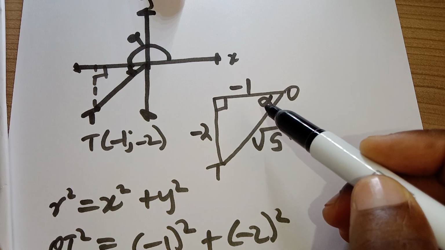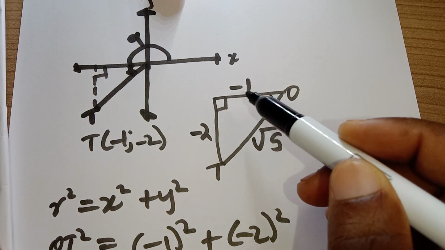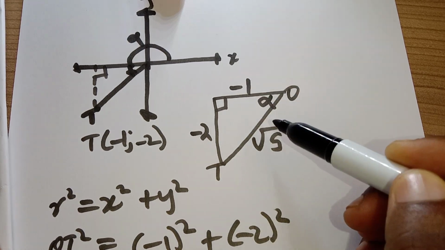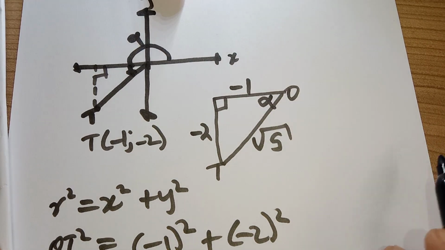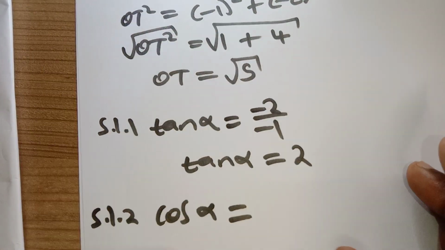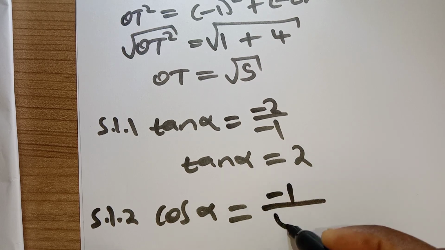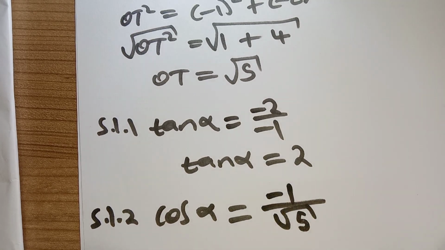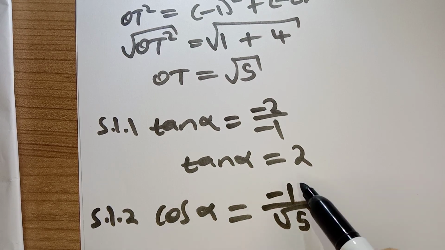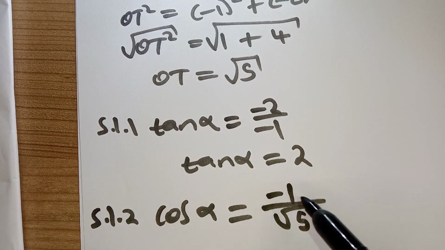The adjacent of alpha is -1. The hypotenuse is the square root of 5 there, okay? Then here we are going to have -1 over the square root of 5, okay? Cosine in the third quadrant is negative. That's why we are getting the negative here like that, okay?